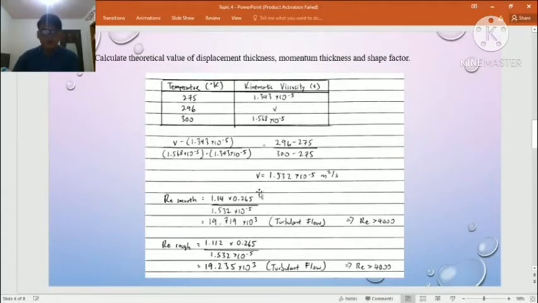From this, we get the Reynolds number for the smooth flat plate and the rough flat plate, which is 19.719 times 10 to the power of 3 and 19.235 times 10 to the power of 3. Since both of these Reynolds numbers are more than 4,000, these are considered turbulent flow.